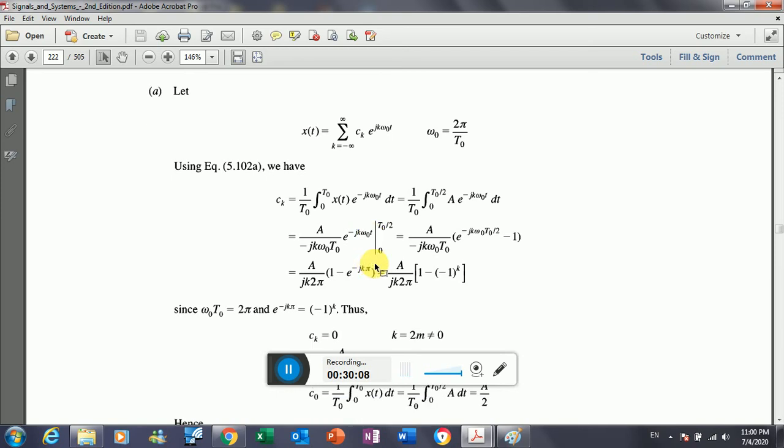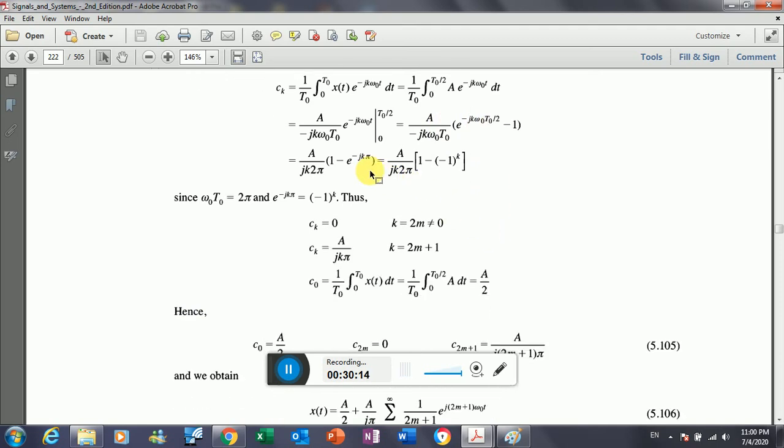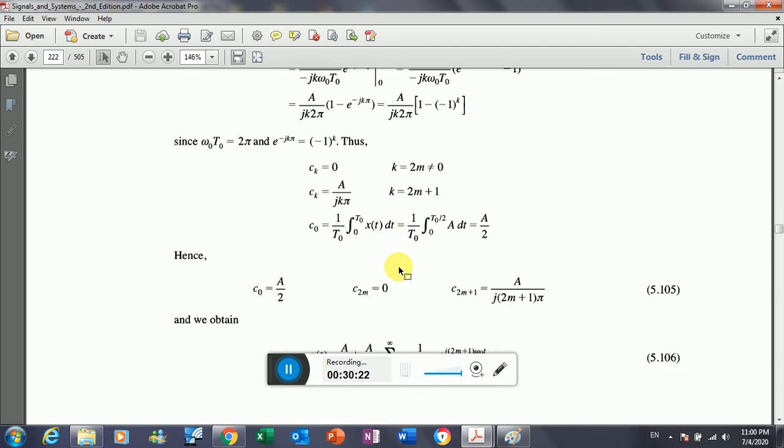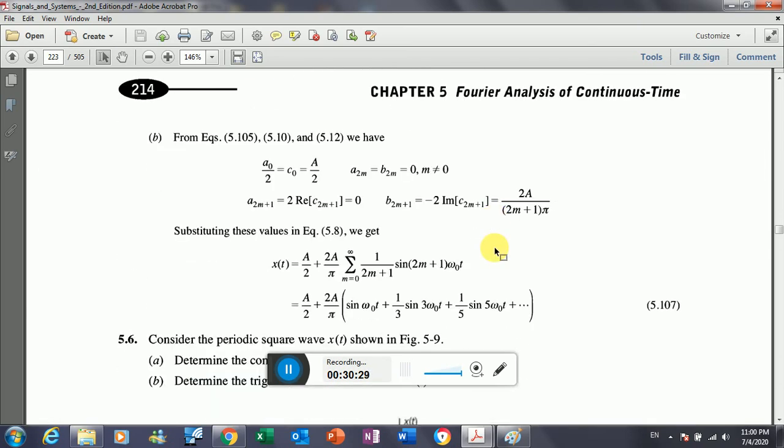You already know how to integrate, and then we will get this relation. So the rest is very simple, just go through it and then you will understand the example.